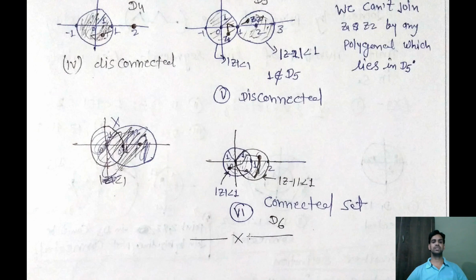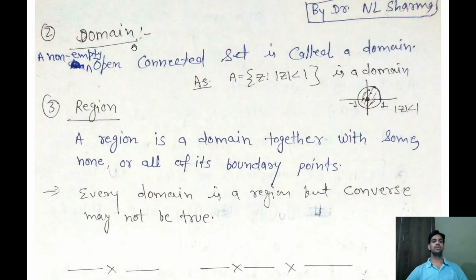Now we will study some other definitions. Domain: a non-empty open connected set is called a domain. For example, mod z less than 1, we already proved this is connected and also non-empty. So this is a domain. Next definition is region. A region is a domain together with some, none or all of its boundary points.